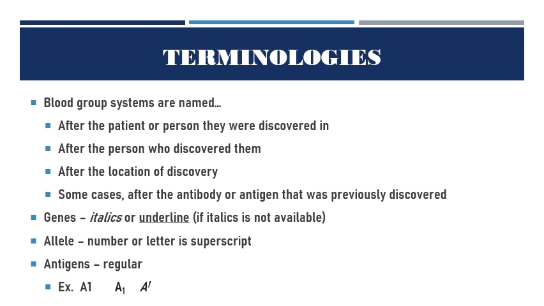So, for example, this one. This is the antigen. This will be the phenotype. And this will be the gene. And number 1 here is the allele.